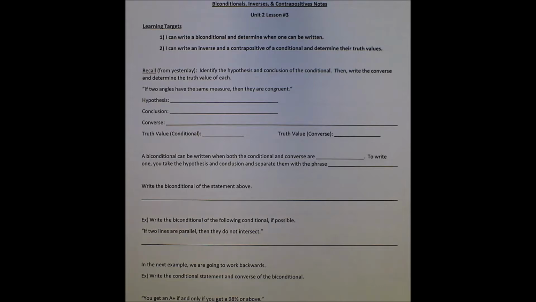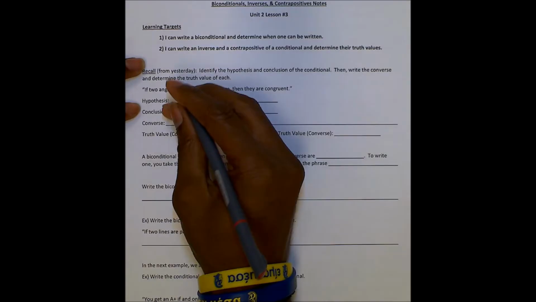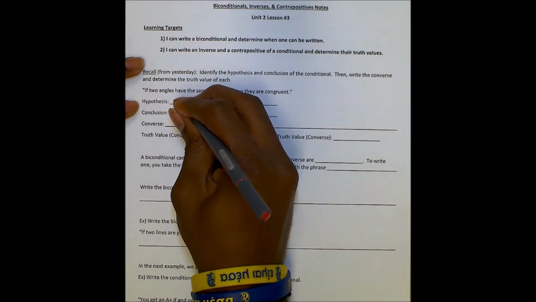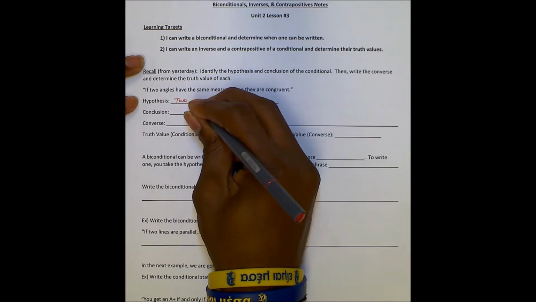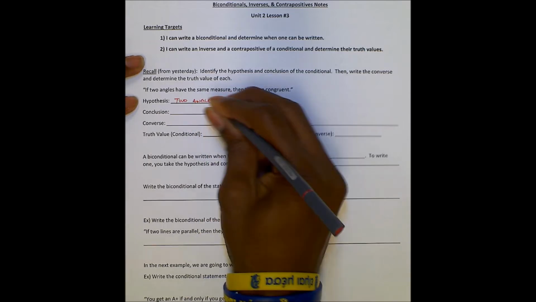Directions for these problems is to identify the hypothesis and conclusion of the conditional, then write the converse and determine the truth value of each. So here is our conditional statement. If two angles have the same measure, then they are congruent. The hypothesis, the part that follows the if, is two angles have the same measure.